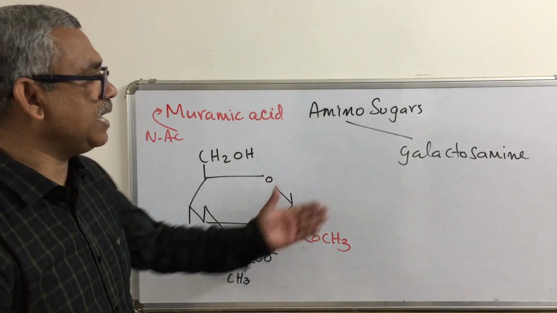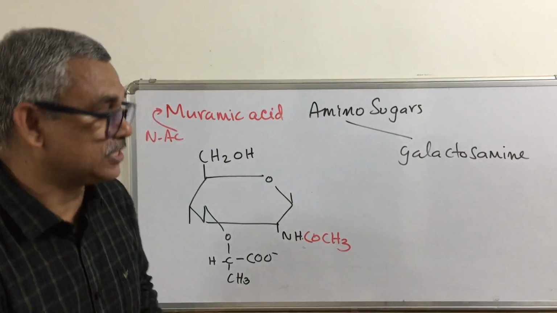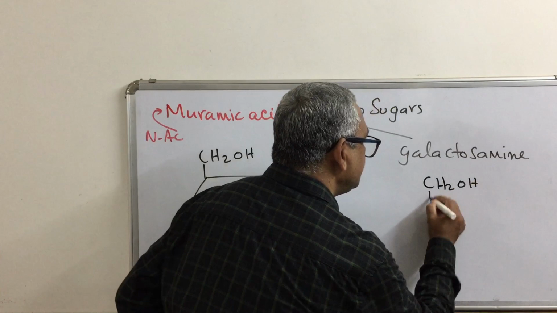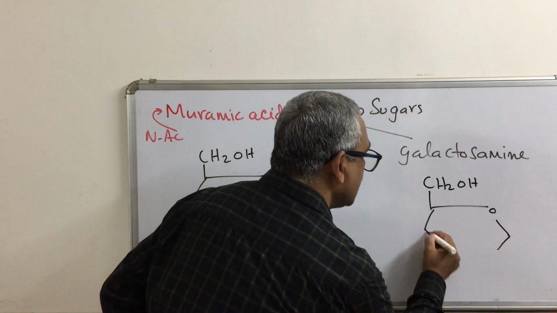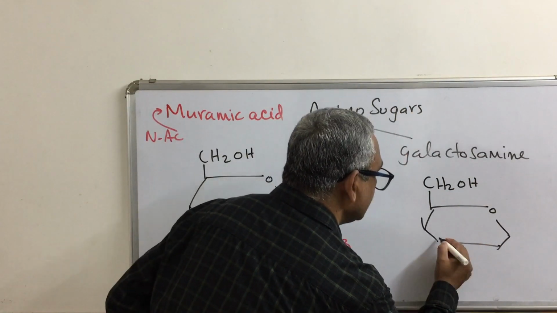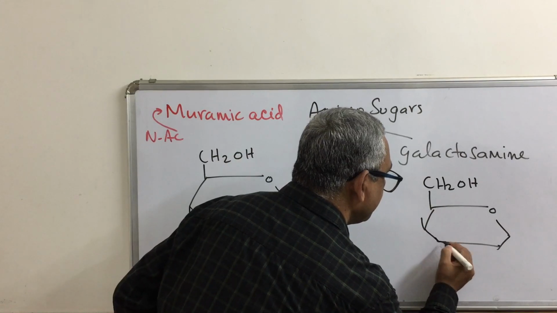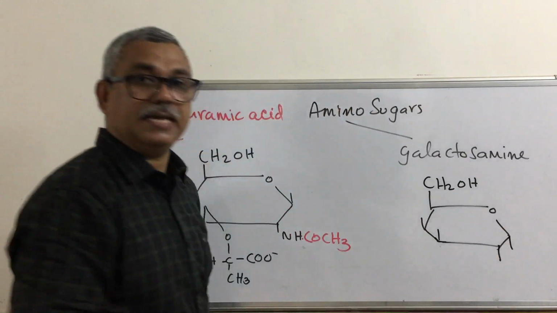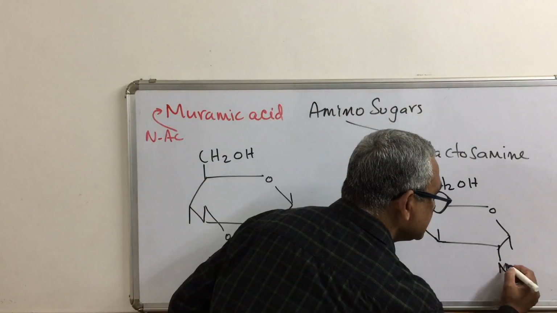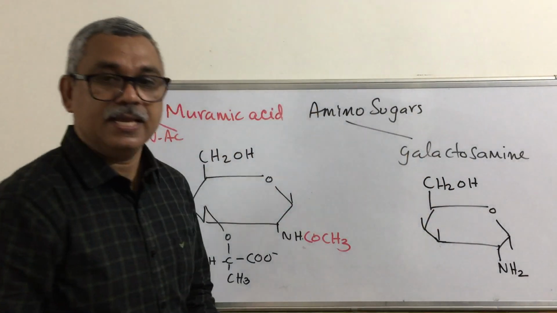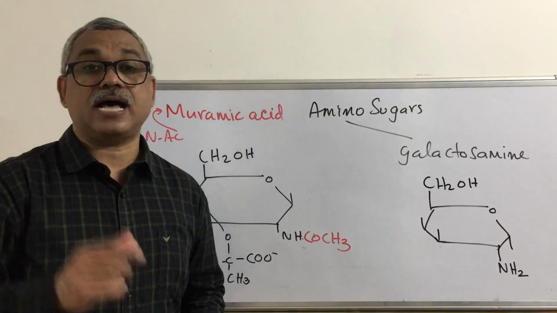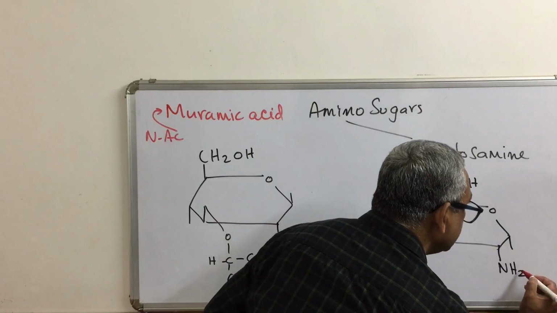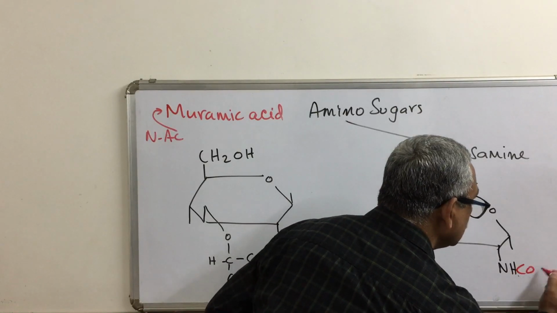Another amino sugar is the derivative of galactosamine. The structure of galactosamine will be like this: a 6-carbon sugar, this will be galactose, and this is galactosamine. Galactosamine as well as N-acetyl galactosamine, that is with the variation in COCH3.